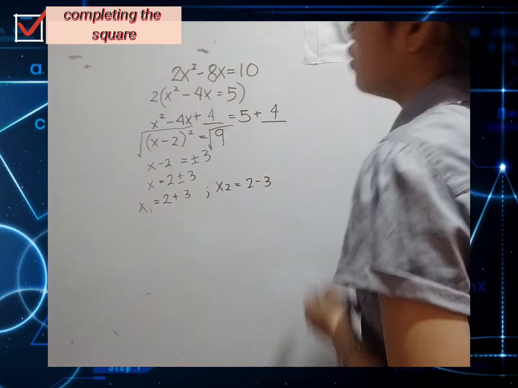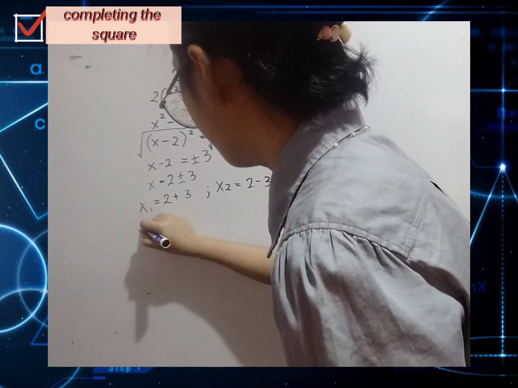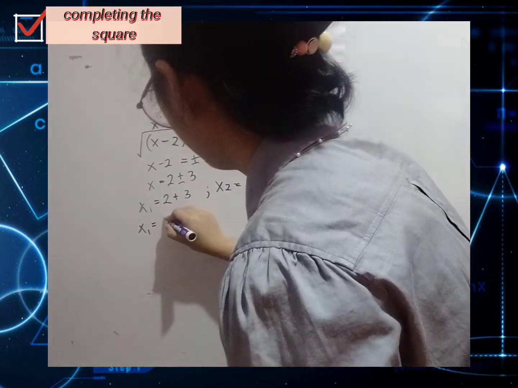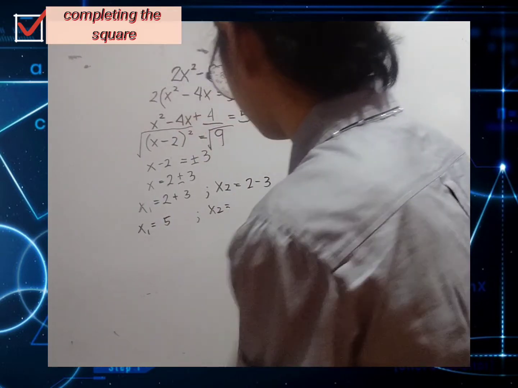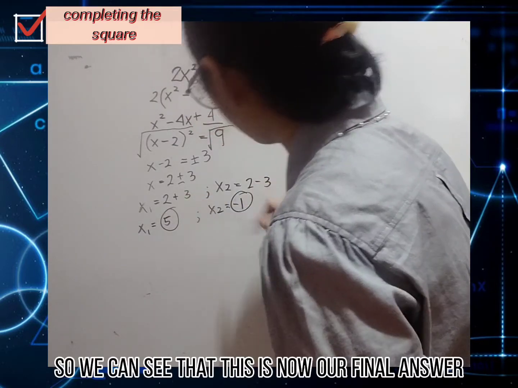To get the final answer, or the roots, we add them. So, x sub 1 equals 2 plus 3, which is 5. And x sub 2 equals 2 minus 3, which is negative 1. So we can see that this is now our final answer.